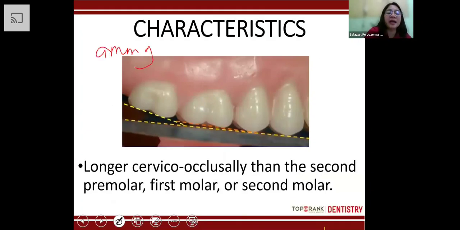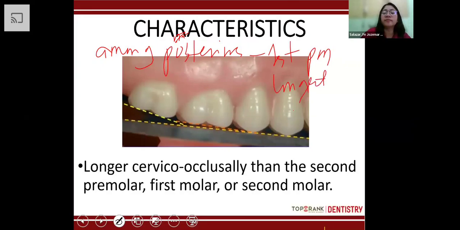Among posteriors lang, ha? Not all teeth. Among posteriors, wag na maxillary, parehong posteriors. First premolar has the longest crown. Again, posteriors lang ulit. So it's longer cervico-occlusally than the second premolar, the first and the second molar.